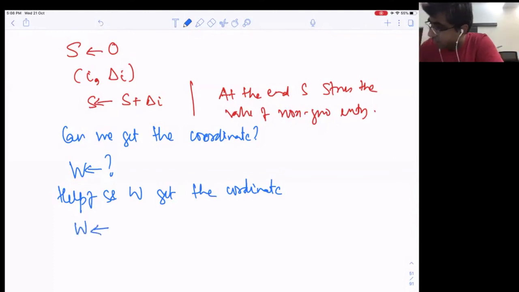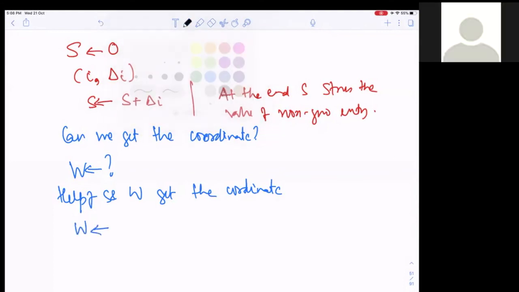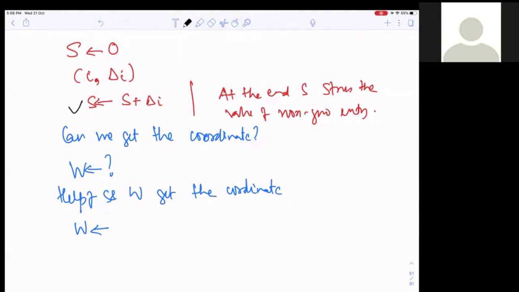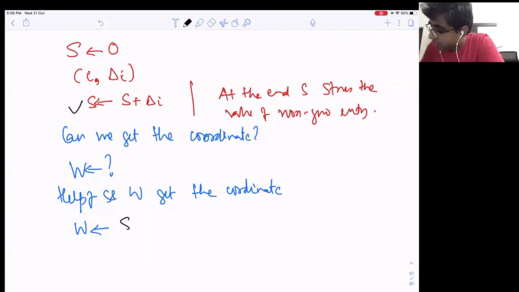Okay, so yes, we will store, in addition, S plus I times delta I. Rather, let's say we store W, new value, and let's say I store W plus I times delta I. Okay.